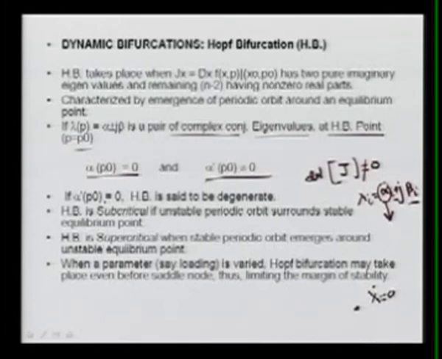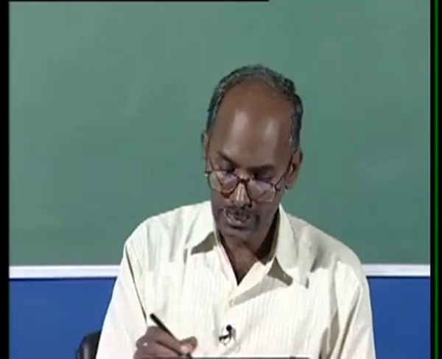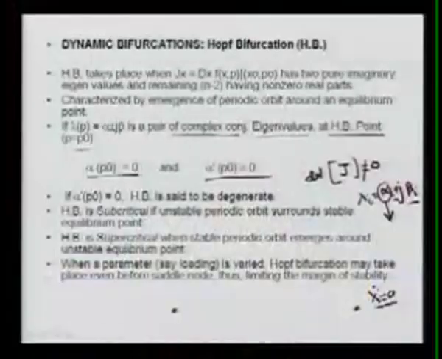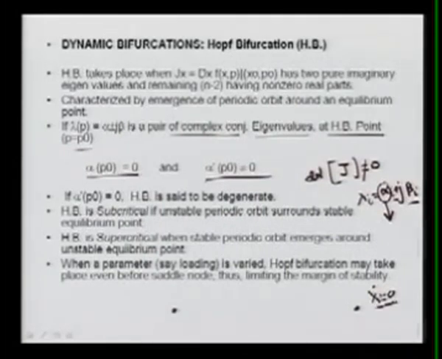In subcritical, an unstable equilibrium orbit surrounds the stable equilibrium point. Here there is a possibility to check whether the solution at x naught is stable or not. So, we can take the equilibrium point, putting x equal to 0, and check whether it is stable.